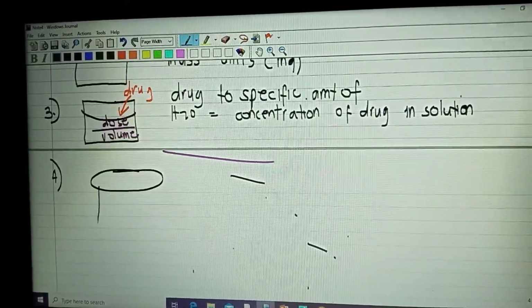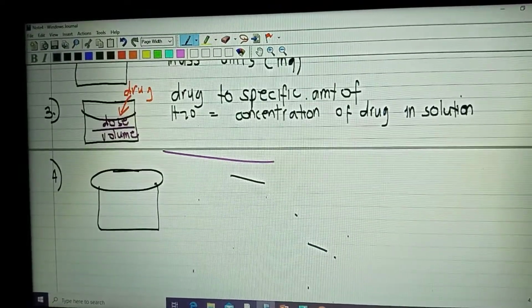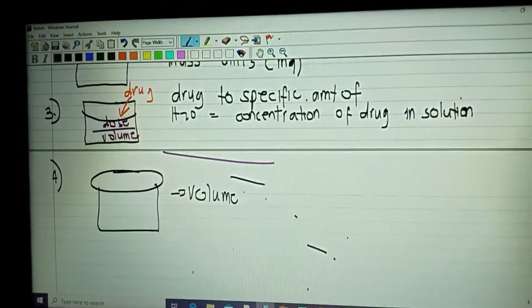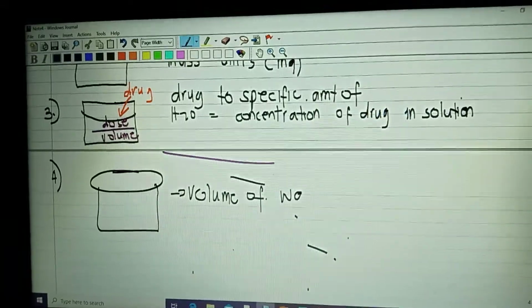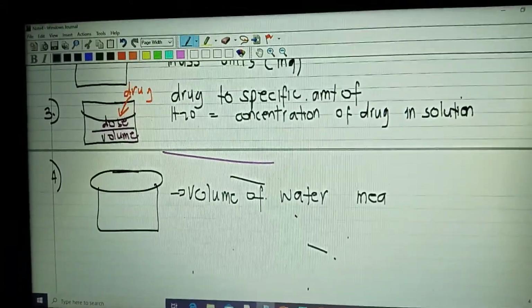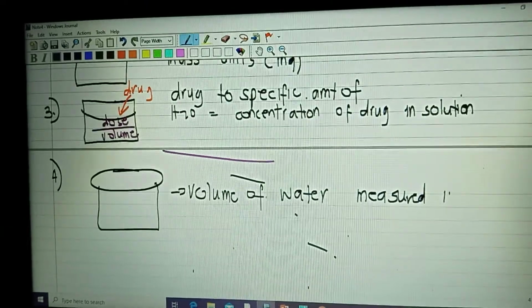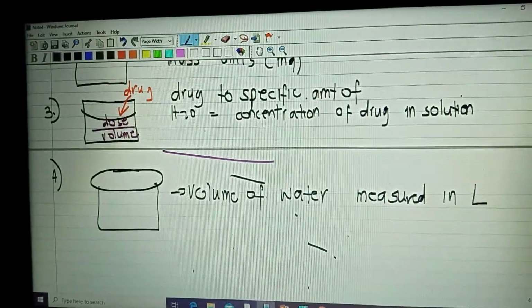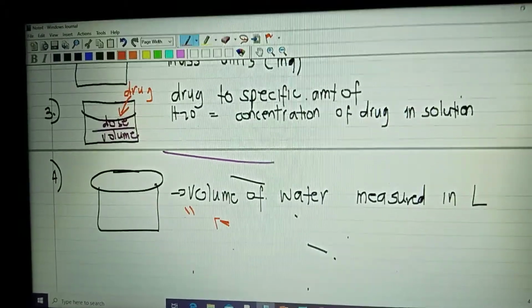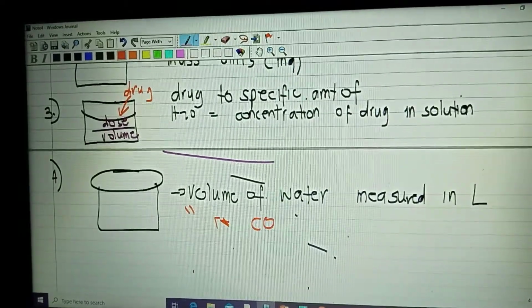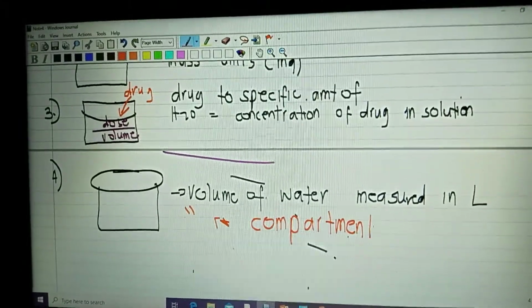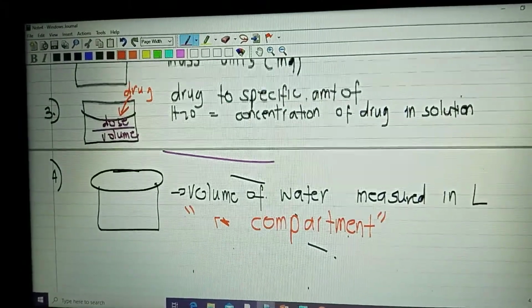Okay, that is a volume of water, measured in liters. Now, we can call this your compartment.